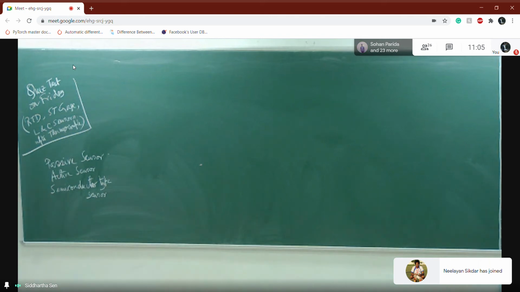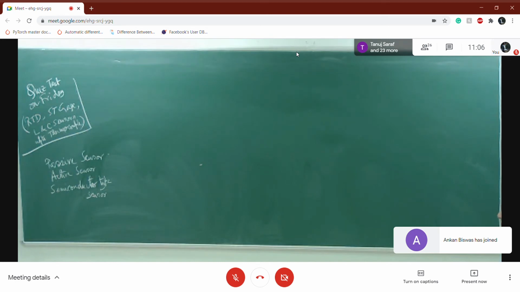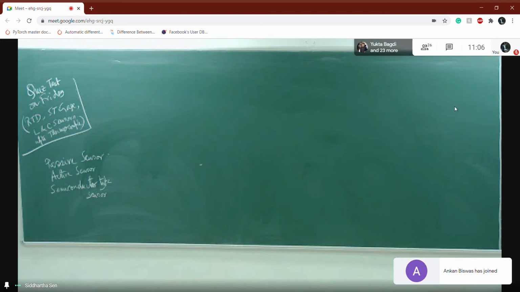Gauges are used in semiconductor material, but the junction properties of semiconductor materials are also often used for sensing different things.